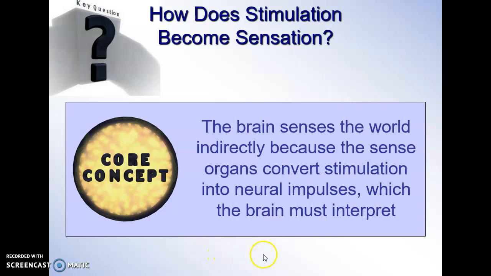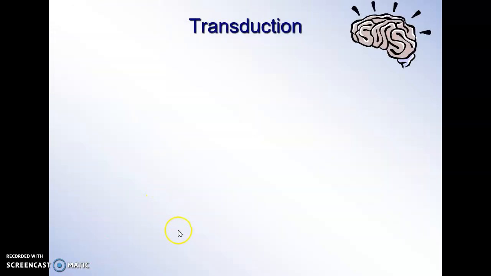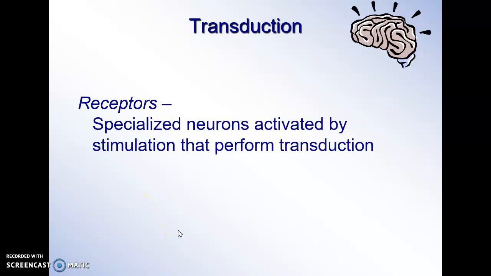Now we're going to talk about how stimulation, which is light, sound, vibrations in the air, chemicals in the air, become sensation. How do we convert the world into neural impulses in our brain, which our brain then decides how to process? So transduction is what occurs. We have receptors that transduce that information.